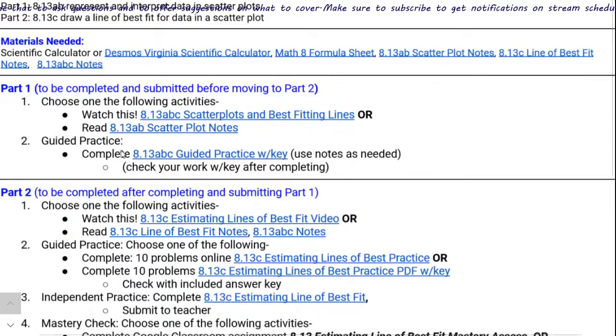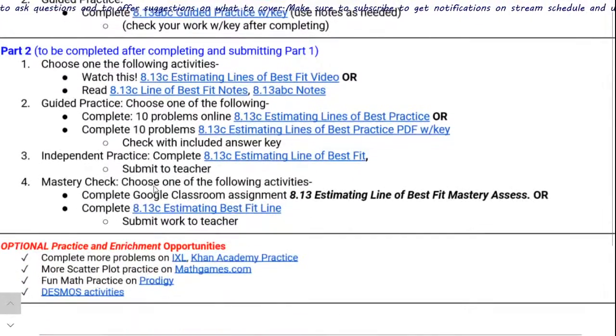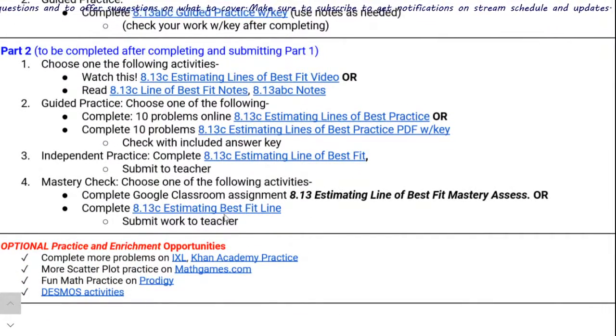And then there's another practice that you can do for the mastery check, which is going to be the second quiz. So the first one's from the review, independent practice, and then there's one that's with the mastery.